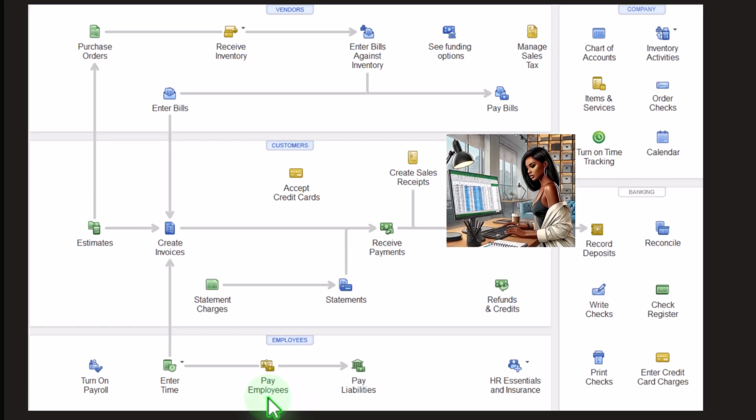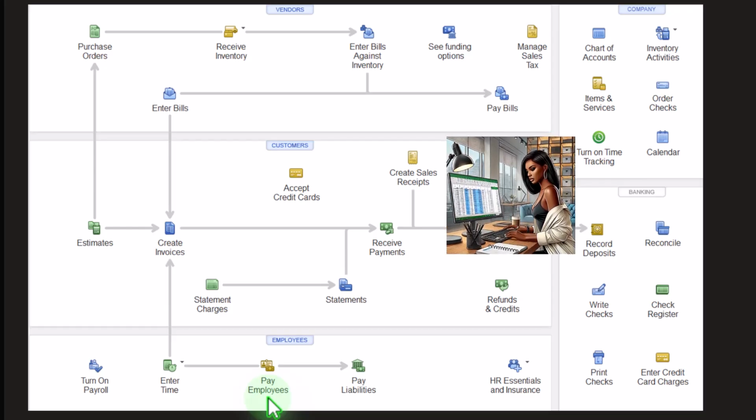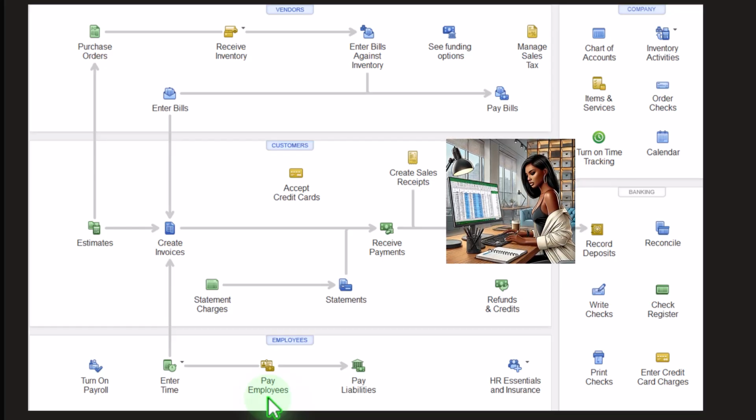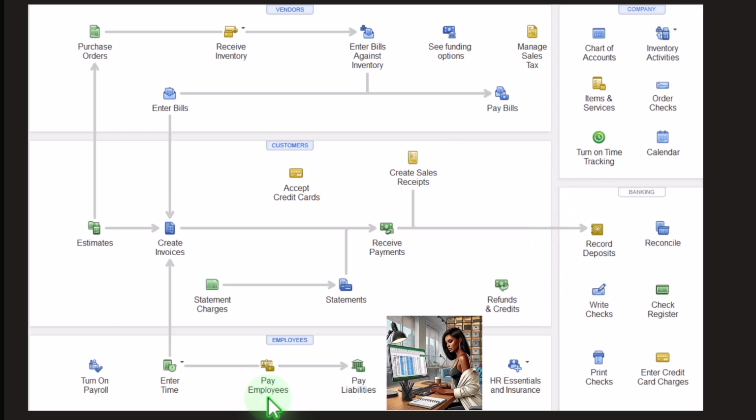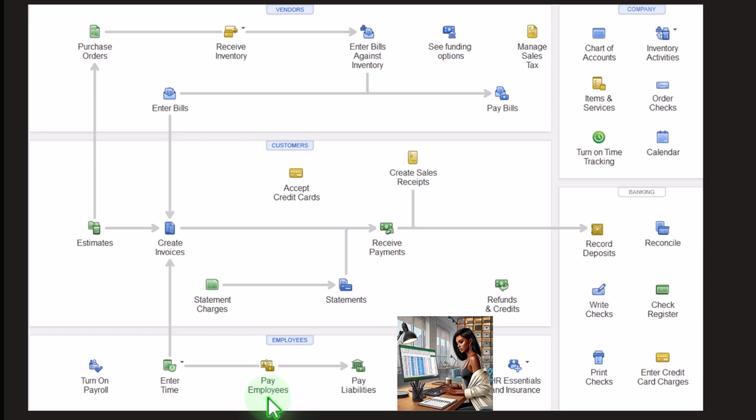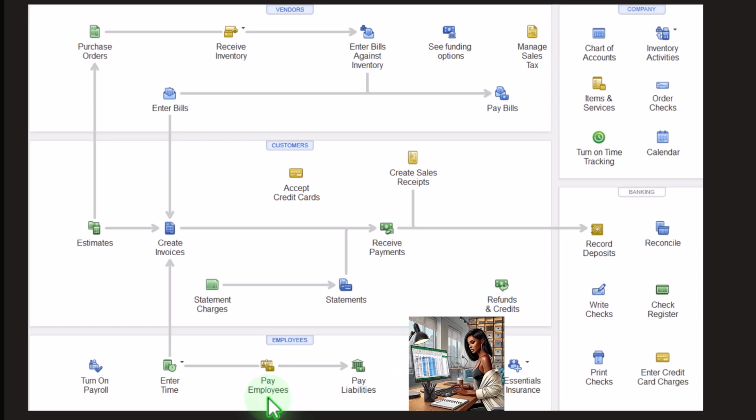Then we also might have state obligations that we have to deal with, like a state income tax and other taxes. We might also have voluntary withholdings, such as benefit programs, like a 401k plan, or a cafeteria plan, some kind of healthcare plan, and so on.